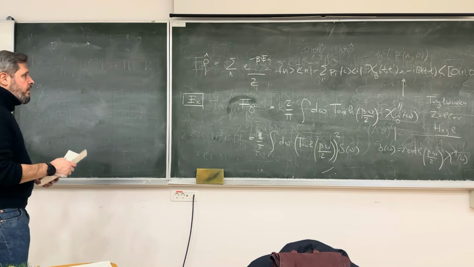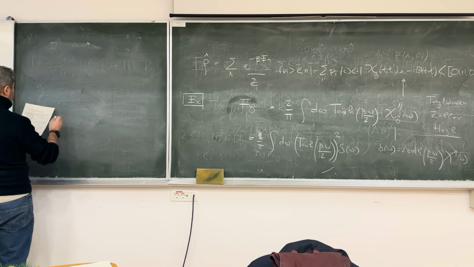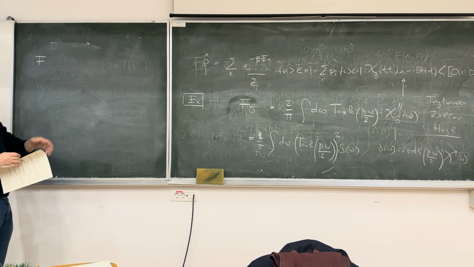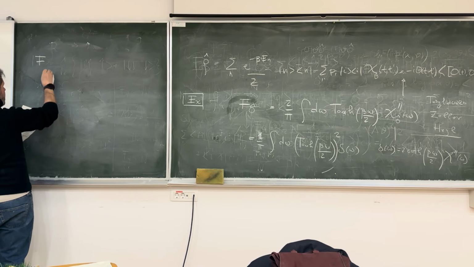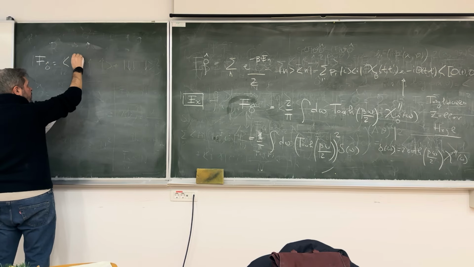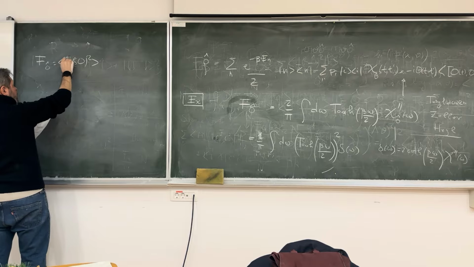Now, what about a pure state? Imagine that now we have a pure thermal state. Pure state, not a mixed state. A pure state that looks thermal from all local measurements, etc. So the Fisher information for a pure state is this, where this is our thermal state.